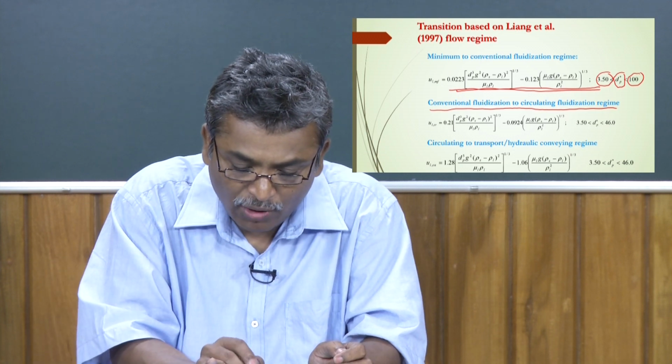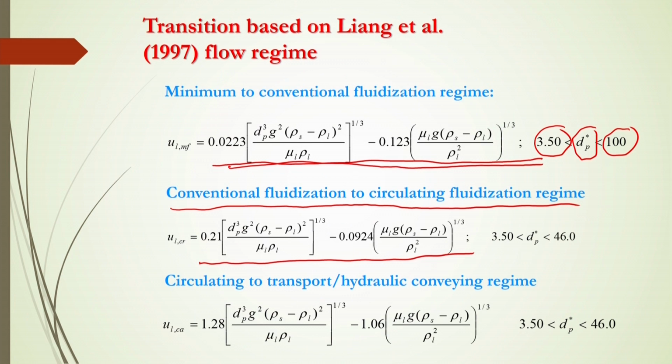For that you have to calculate the critical velocity or transition velocity by this correlation, and this correlation will give you what should be the critical velocity for liquid. Now, you have to take the velocity of the liquid just beyond this critical velocity, so that you can get the circulating fluidization regime.